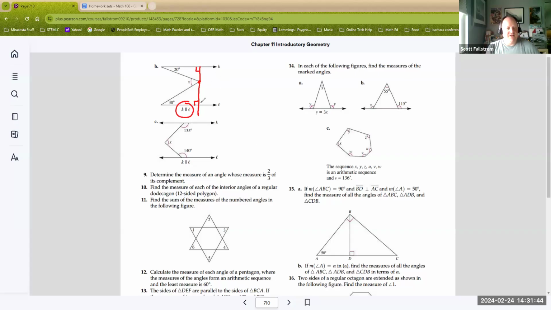These are both 90 because the lines are parallel. If I know this angle down here is 90 degrees, I bet I could figure out the missing piece here and there. So that's five different ways you could go about proving this. A lot of options, and pretty similar with the other one, the one right below it in part C.